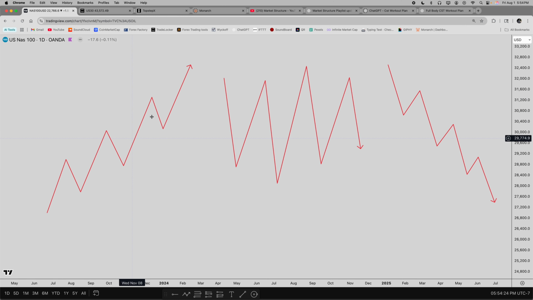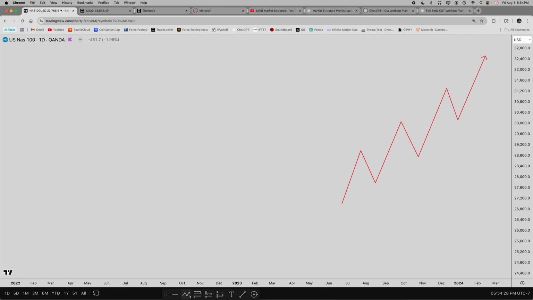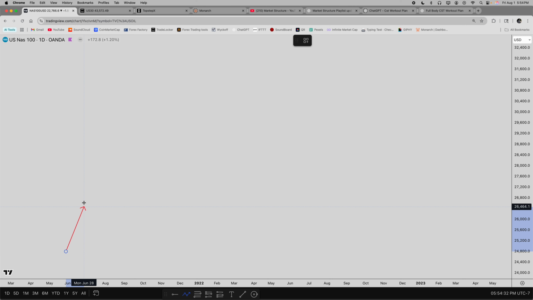So when we're talking about uptrends, we're going to be talking about higher highs and higher lows, right? The market is making a high, a low, and then a higher high, because this high that we're making is higher than the previous high. So by definition, this is a higher high.